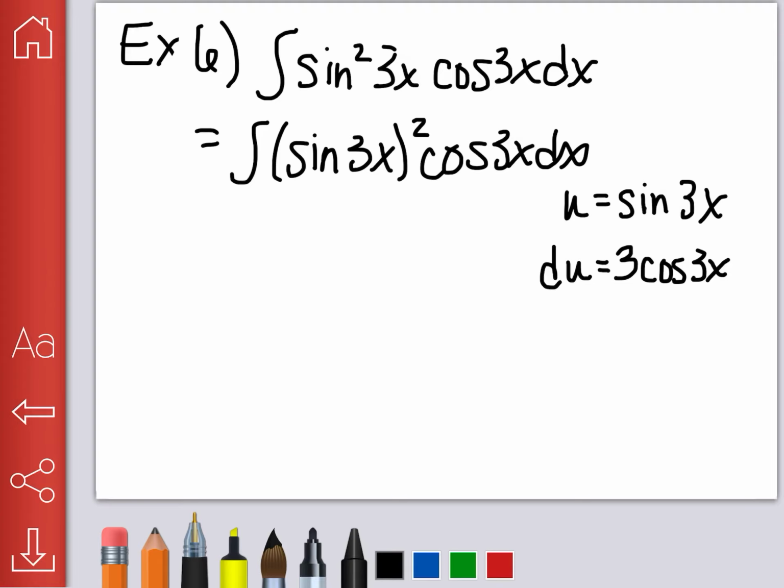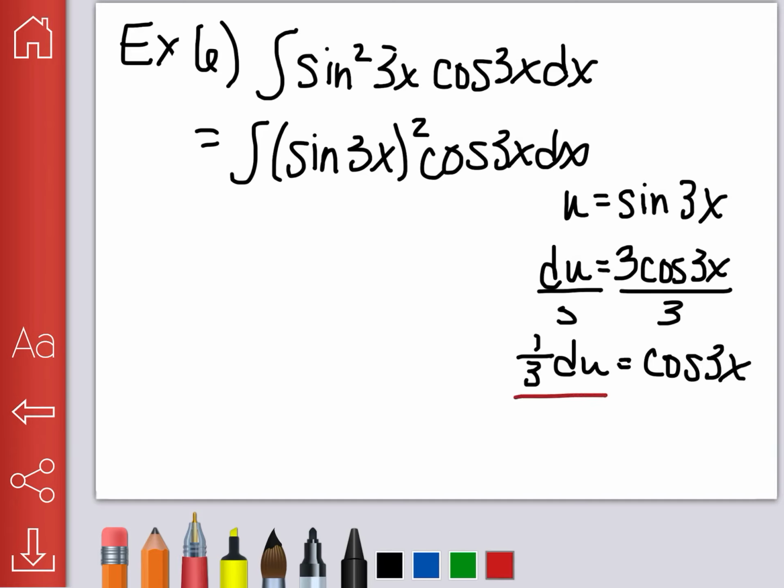But then since we don't have a 3 in our integrand, we divide by 3, divide by 3. 1/3 du is cosine 3x. So we're going to plug in 1/3 du for cosine 3x dx.